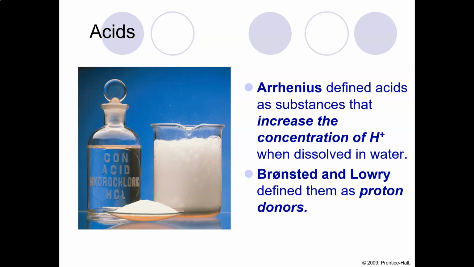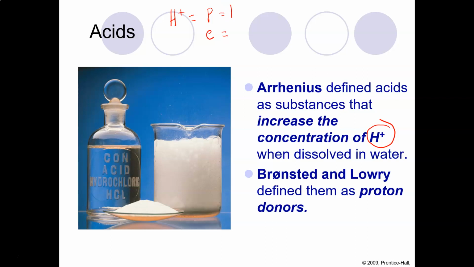Now you might look at that and wonder, okay, what does that mean? H pluses are what the Arrhenius definition was focusing on. So let's think back to chapter 2. I want us to figure out the number of protons and electrons in an H plus ion. H is hydrogen. We look on the periodic table. The number of protons is the atomic number, so it has 1 proton.